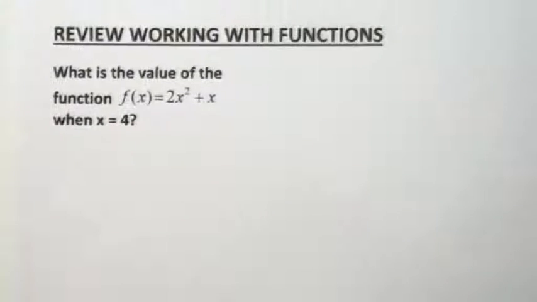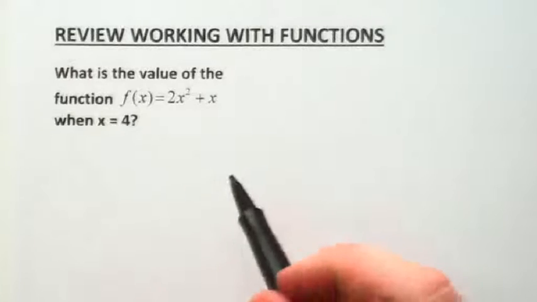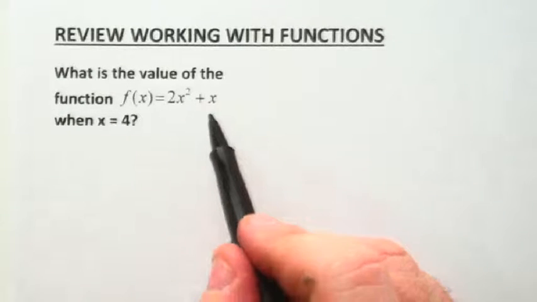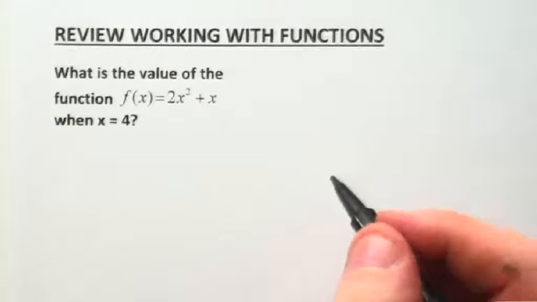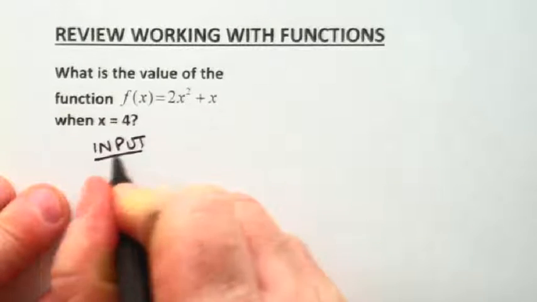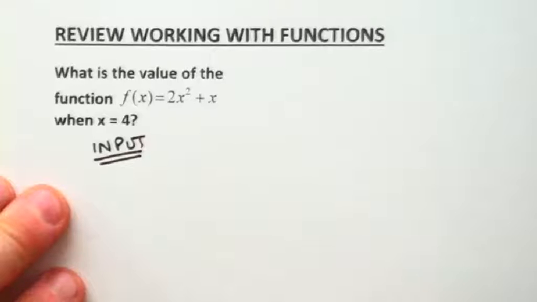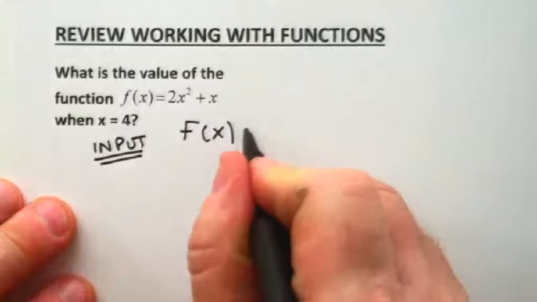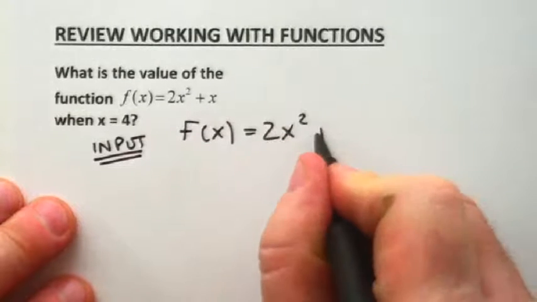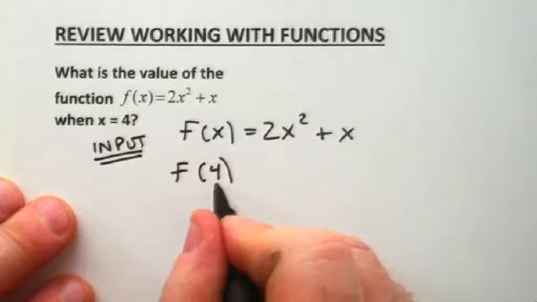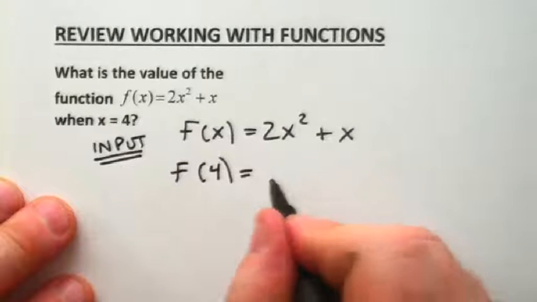So let's take a look here. The basics of working with functions. Here again is our notation f of x equals 2x squared plus x when x equals 4. And again, this x value is really what we would call an input value, our x value, our independent variable. And what we do with this is we plug it into our equation. This says what's the function when our input value, x value, is 4.